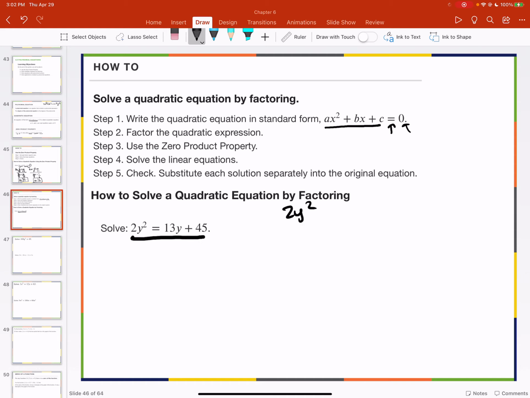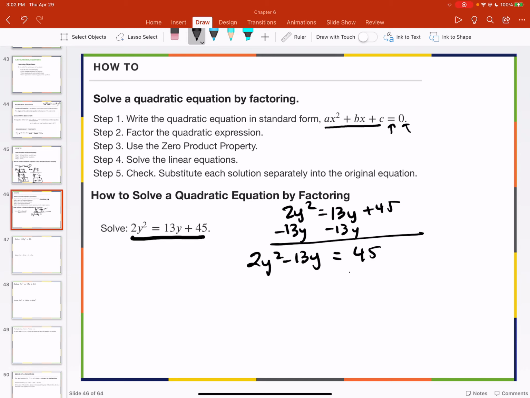We have 2y squared is equal to 13y plus 45. So we would subtract 13y from both sides. So we get 2y squared minus 13y, because they're not like terms, is equal to 45. Then we need to set this equal to 0, so let's subtract 45 from both sides. Finally, on the left-hand side, we get 2y squared minus 13y minus 45, and that's equal to 0.